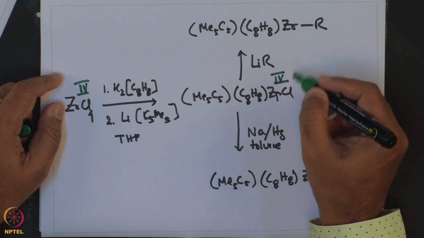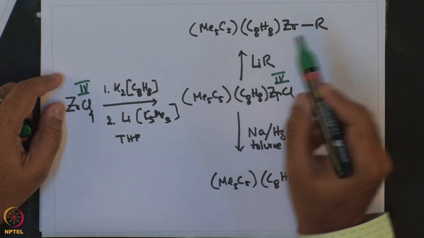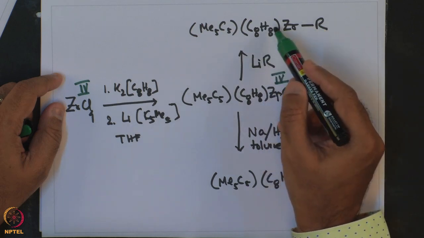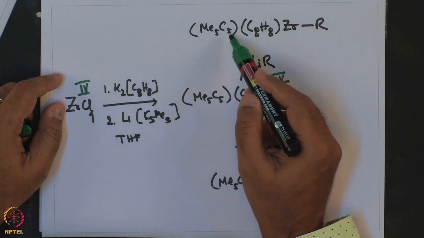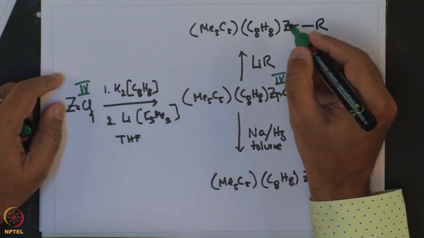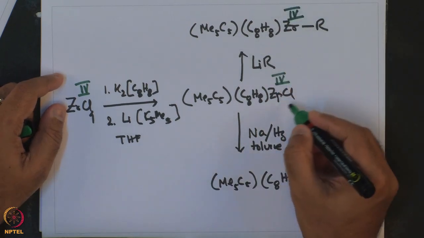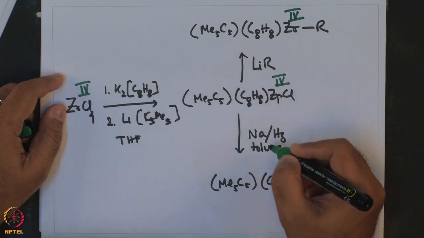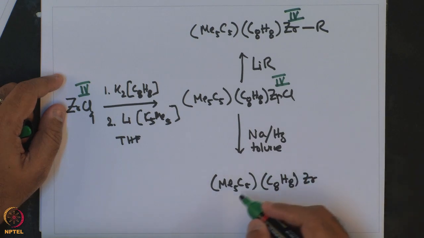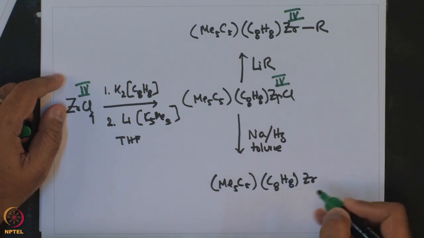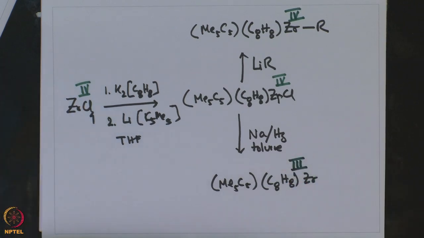When the chloride is exchanged with an alkyl to make the zirconium alkyl complex of C8H8 dianionic ligand and monoanionic C5Me5 ligand, then overall again zirconium is in +4 oxidation state. However, when the chloro complex is treated with, or reduced with, sodium mercury amalgam to give this C5Me5 C8H8 zirconium, then the zirconium goes back to +3 oxidation state.